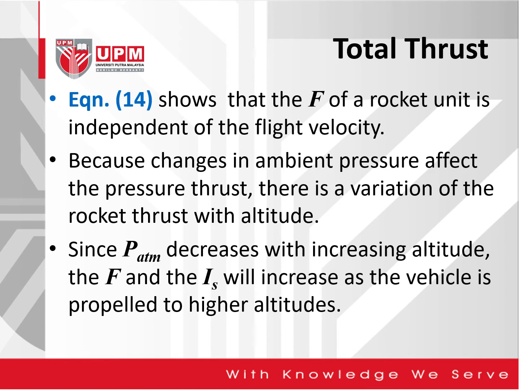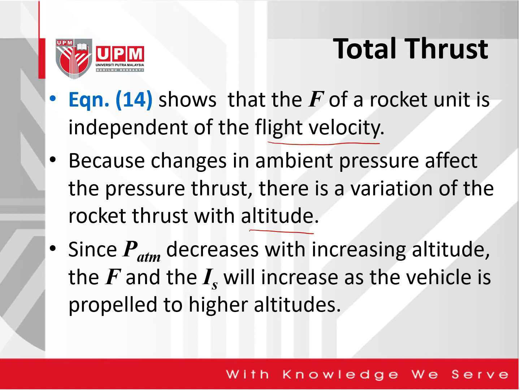Equation 14 shows that the thrust of a rocket unit is independent of the flight velocity. Because changes in ambient pressure affect the pressure thrust, there is a variation of the rocket thrust with altitude.